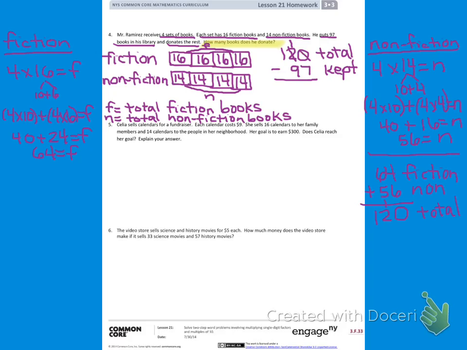Instead of having 0 ones, I'll now have 10 ones. 10 ones minus 7 ones is 3 ones. 11 tens, you can see that because if we unbundle the hundreds column and put them in the tens column, we now have 11 tens. 11 tens minus 9 tens is 2 tens. And 0 hundreds minus 0 is 0. So this is how many he donated.